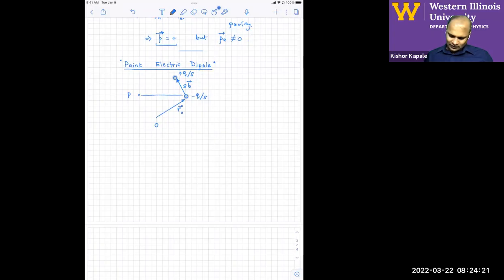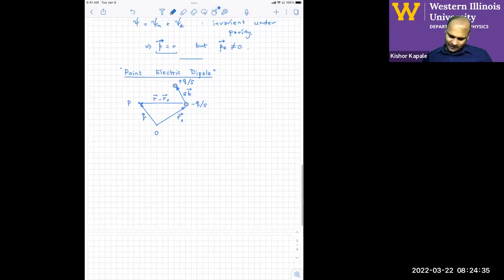Then the observation point is going to be R minus R0 here, and the coordinate of the point itself is R. So what you really need is the distance of both of the charges from the point P. So this vector R minus R0 is crucial.